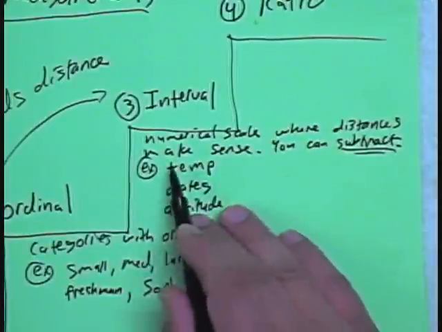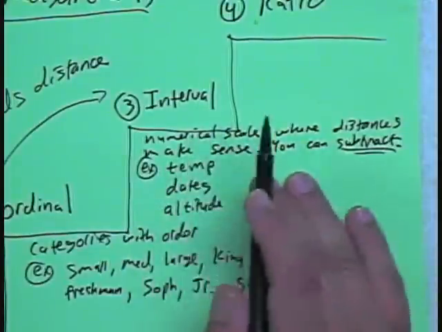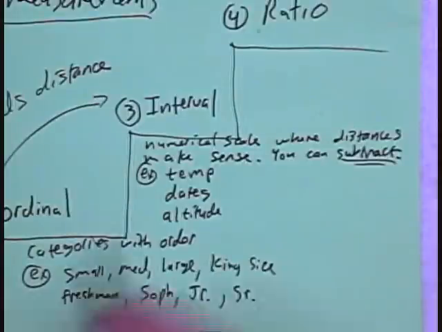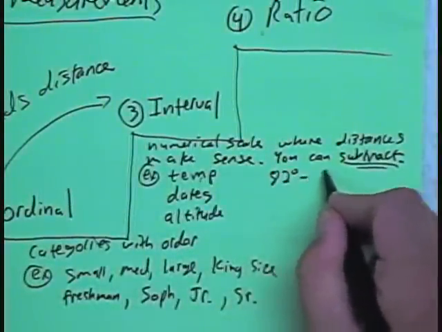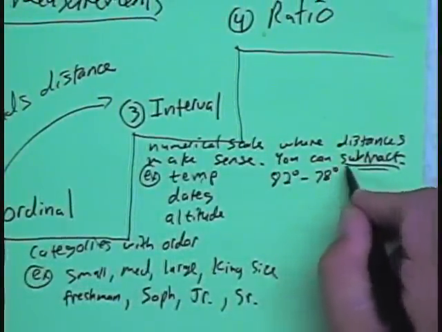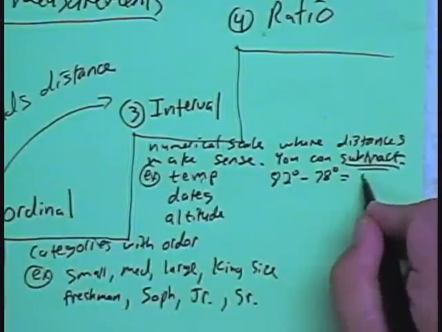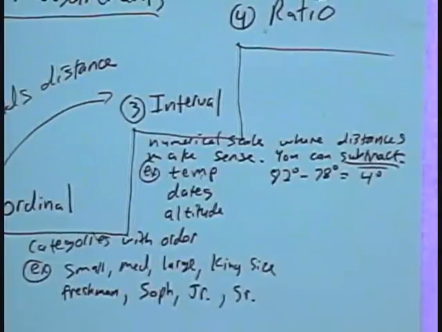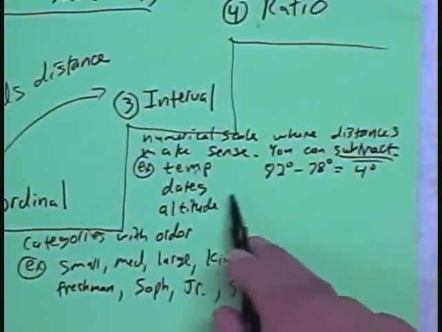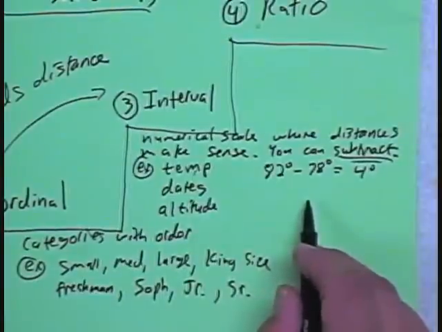Well, what I did is I wanted scales here that were just interval but not ratio. And you can subtract here. So if it was 82 degrees today and 78 degrees yesterday, then I get a difference of 4 degrees, and subtraction makes sense. Okay? And so here differences will make sense.